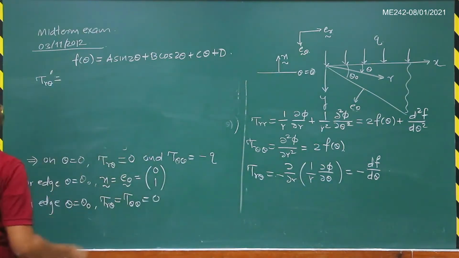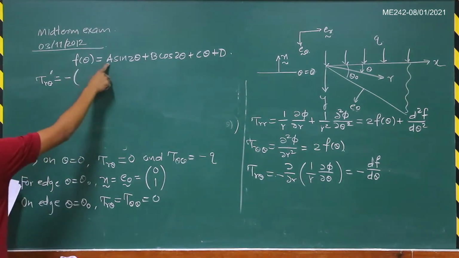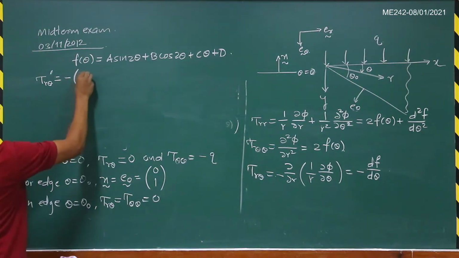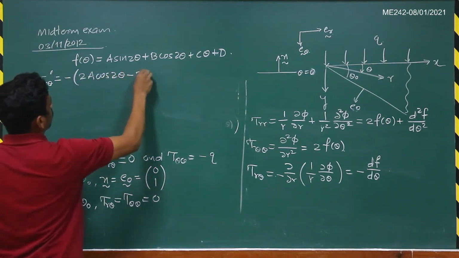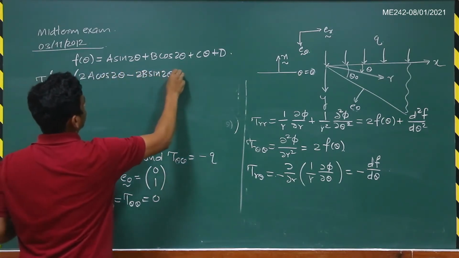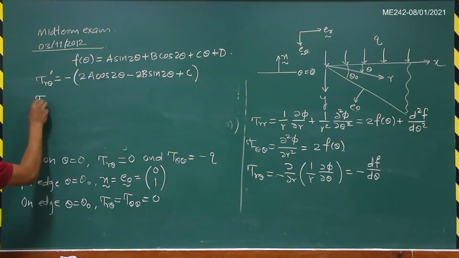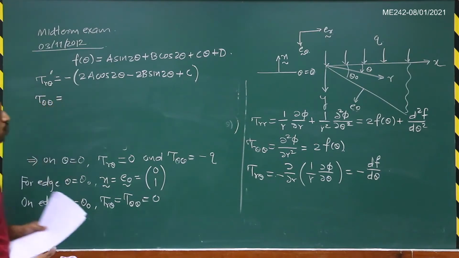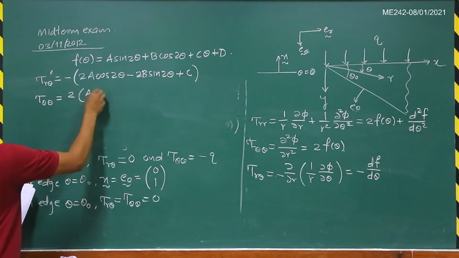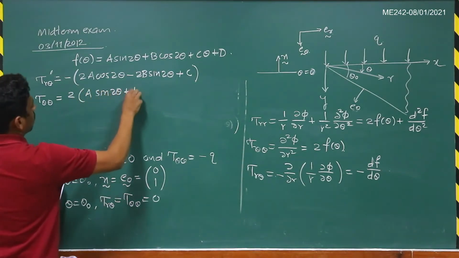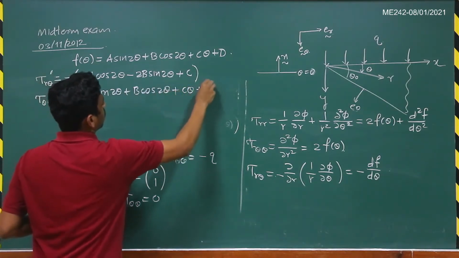So if we differentiate this particular thing, we get minus of this thing, so 2a cos 2 theta minus 2b sin 2 theta plus c, and tau theta theta, which equals 2 times f of theta, which will be a sin 2 theta plus b cos 2 theta plus c theta plus d.